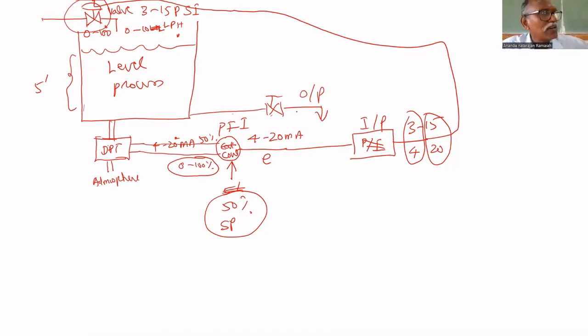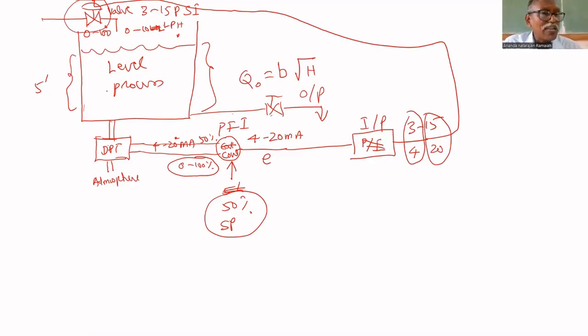This outflow rate is proportional to level, that's why you need a controller. Depending upon the level, the flow rate will come. The outflow rate is Q output equal to some constant times square root of H. Depending upon H, the outflow rate will be there, and that is given to the second process.